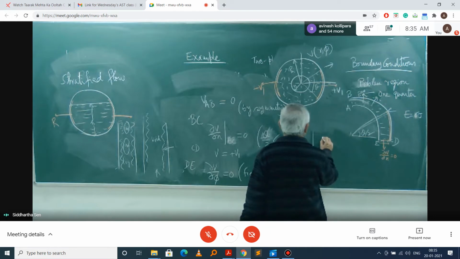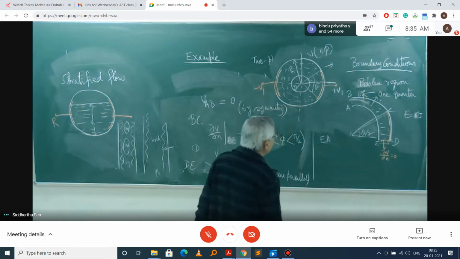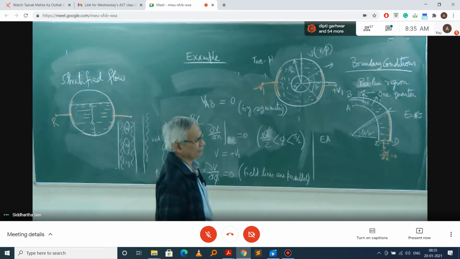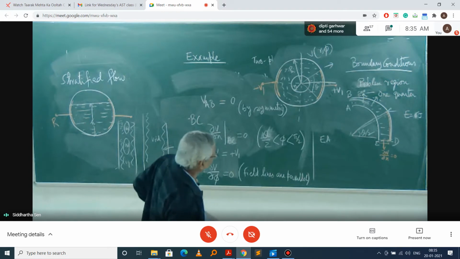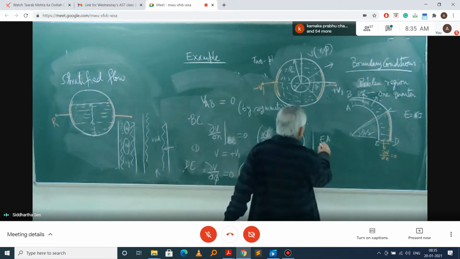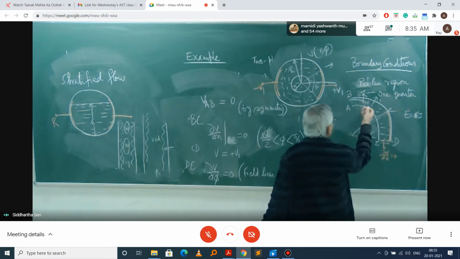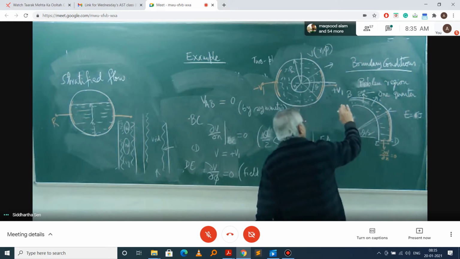It is in the range of EA. What would be the equation? What is the boundary condition? The boundary condition would be similar, because outside is insulated, and on this side the void is also an insulator. So it is not a conducting surface there.